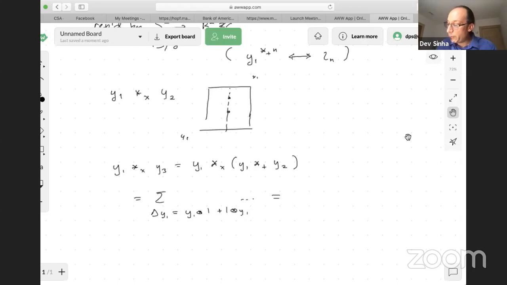And when I multiply them, the first one would be y1 star y1, and that's my star times star plus 1 star times y2, and then plus the reverse, y1 star times y1 star plus y1 star times y2.